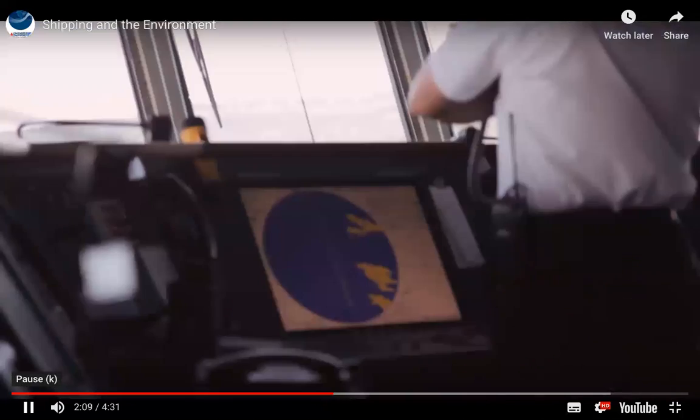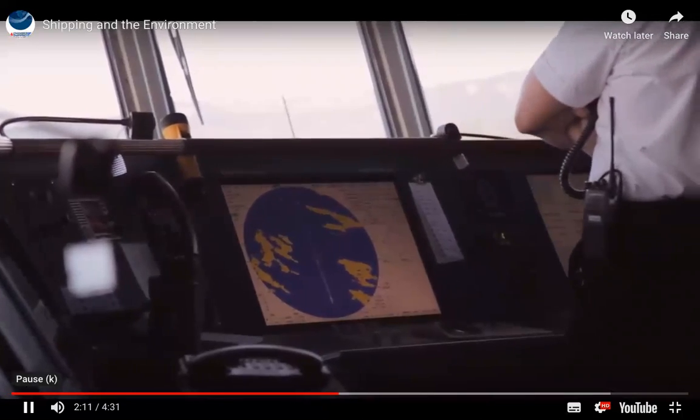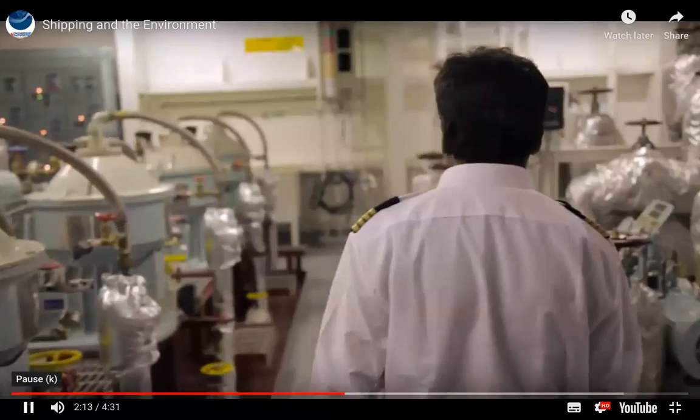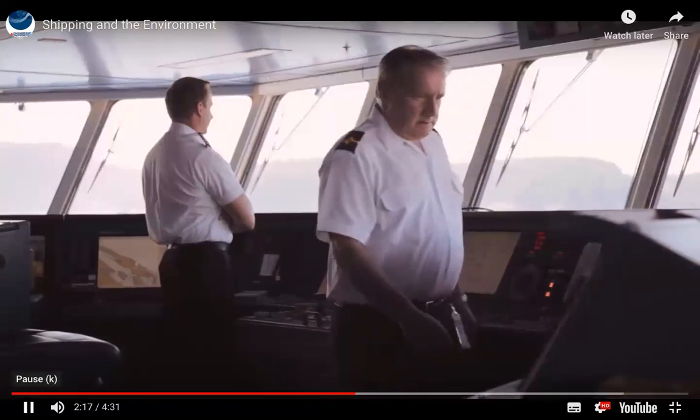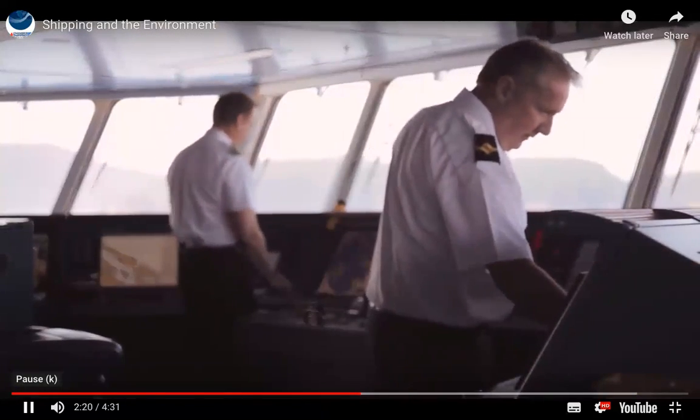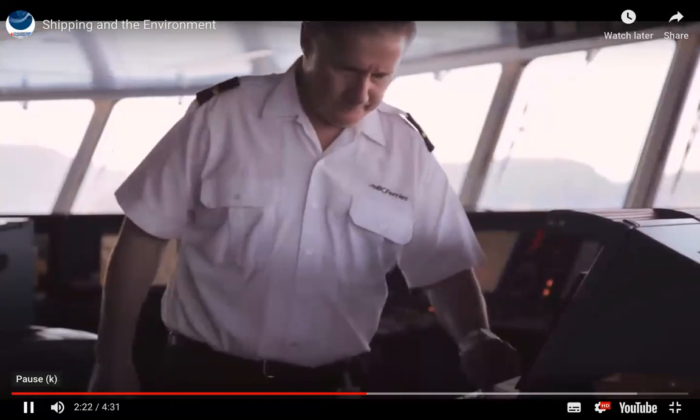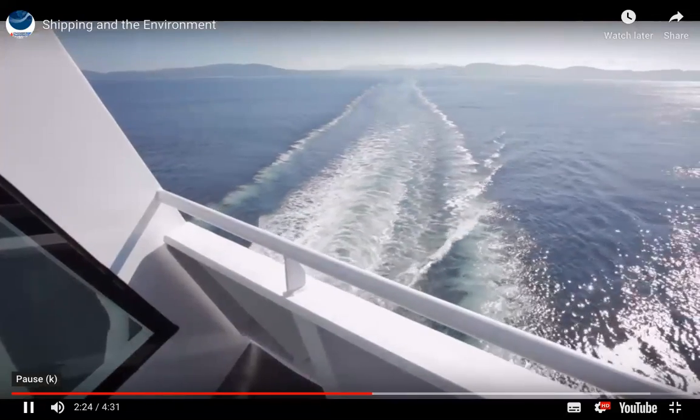Weather routing will likely form a part of this, but also in terms of our environmental performance, just looking at the overall picture of how we optimize the ship that we have with the fuel that we burn for the most efficient performance.